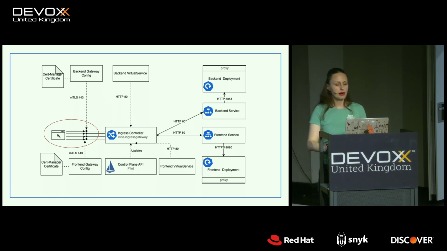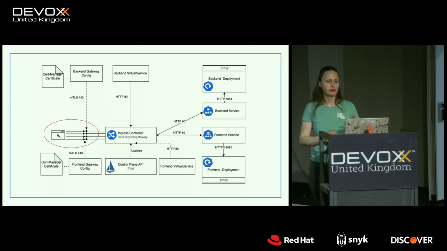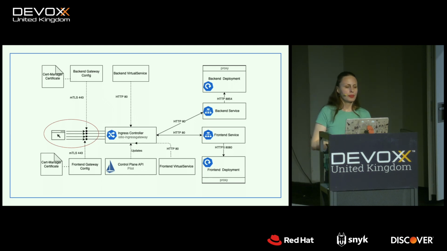The request comes in, and because Istio is automatically configuring workload sidecars to use mutual TLS when calling other workloads, the request is going to be again passed to the front-end gateway. But in this case, we're not going to reference the certificates anymore in our deployments. We're going to reference them at the gateway level, and we're going to see that in a bit. We're going to reference the Cert Manager certificate there.